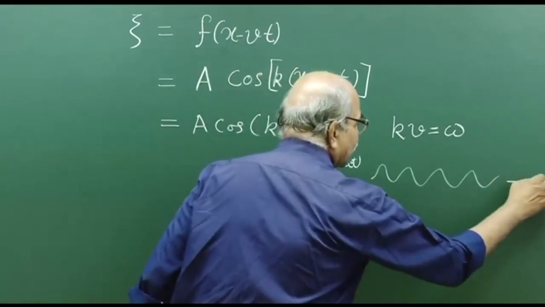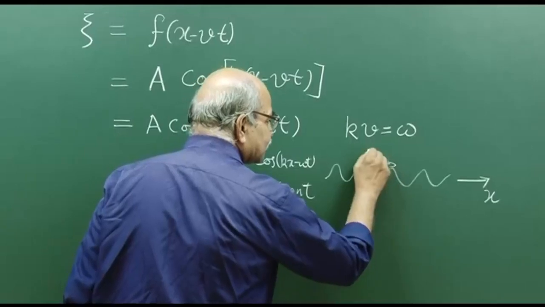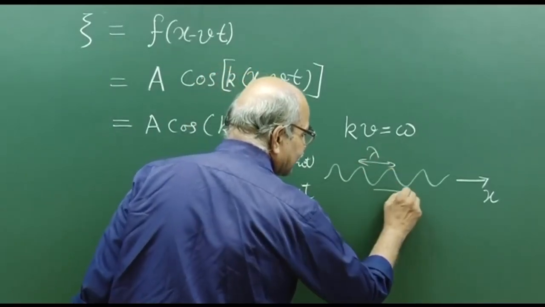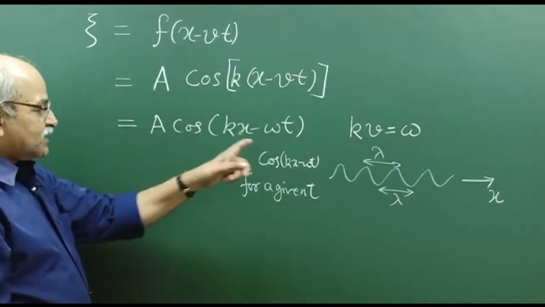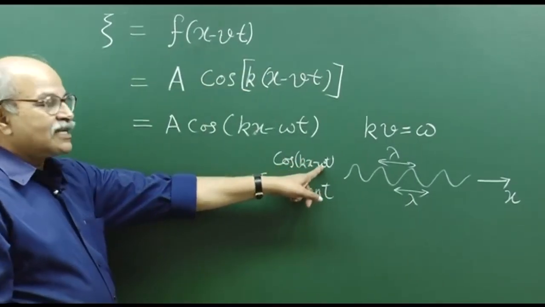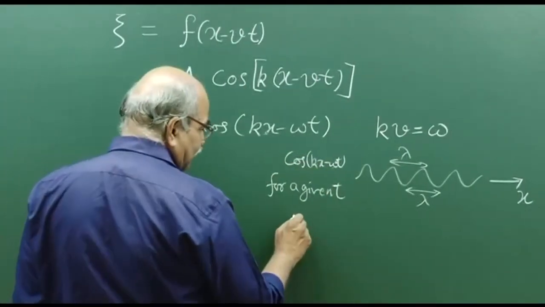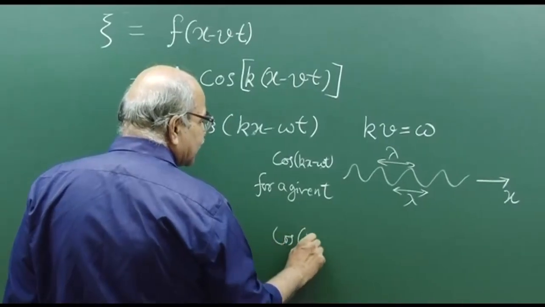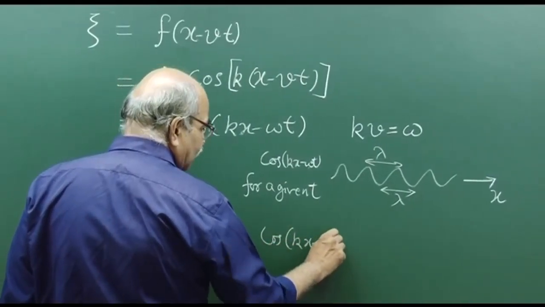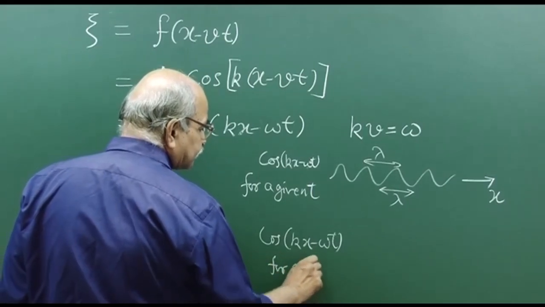and this side is now x, and this is the wavelength, this is the wavelength. And you fix x and see as a function of time, then also it oscillates, and that will be again a similar looking function cos of kx minus omega t, and this time for a given x.